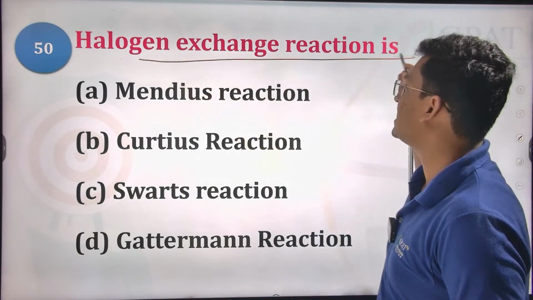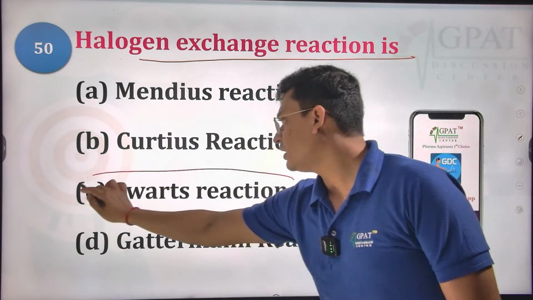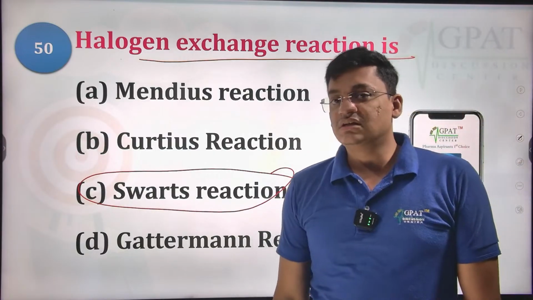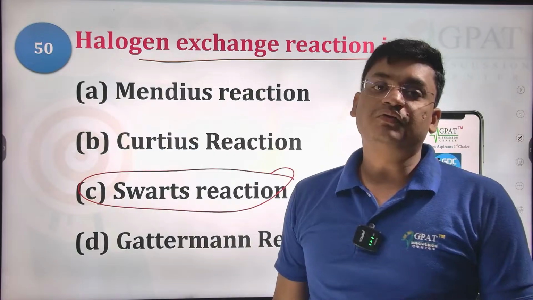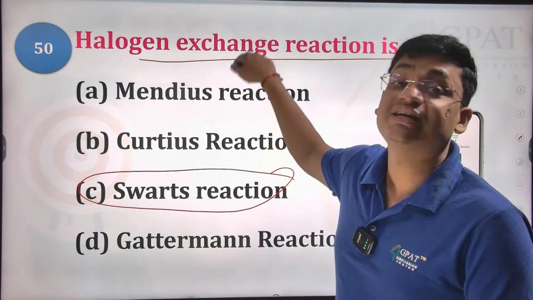Halogen exchange reaction: Mendius reaction, Curtius reaction, Schwarz reaction. This Schwarz reaction is about the formation of alkyl fluorides, and we are having halogen exchange.